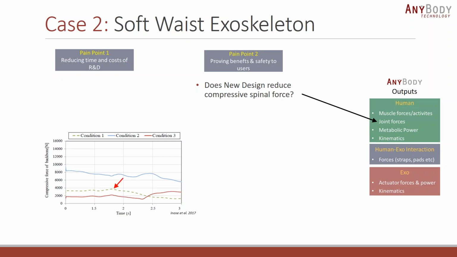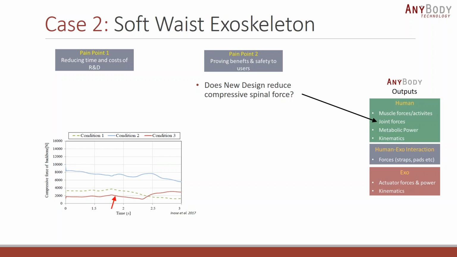I'm going to talk you through these three different curves. The curve that I'm pointing out right now is condition 1, without the exoskeleton. You can see how condition 2, the old design, increases the compressive force because of the second, compressive component of the pneumatic actuator force.